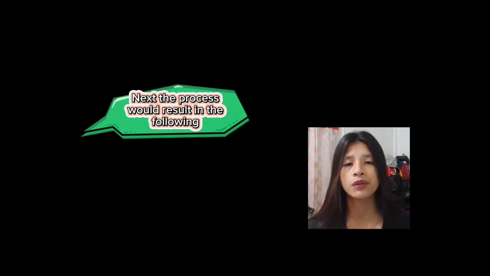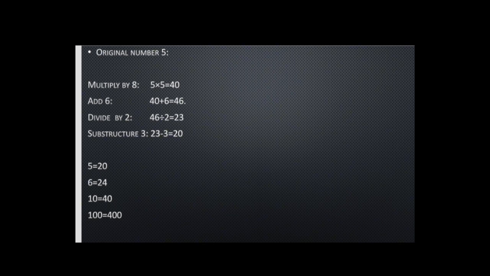Magbibigay tayo ng original number, halimbawa 5. Multiply by 8, so 5 times 8 equals 40. Add 6, so 40 plus 6 equals 46. Divide by 2, so 46 divided by 2 equals 23. Last natin na paraan is subtract 3, so 23 minus 3 equals 20.